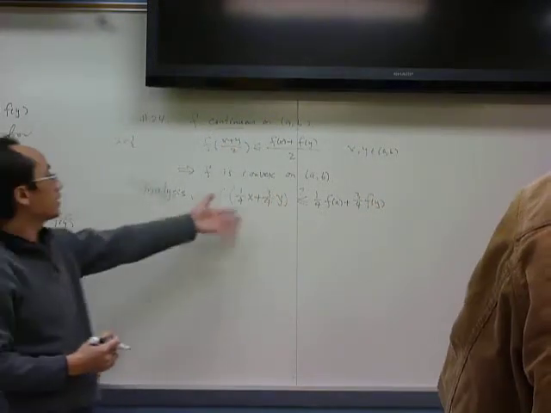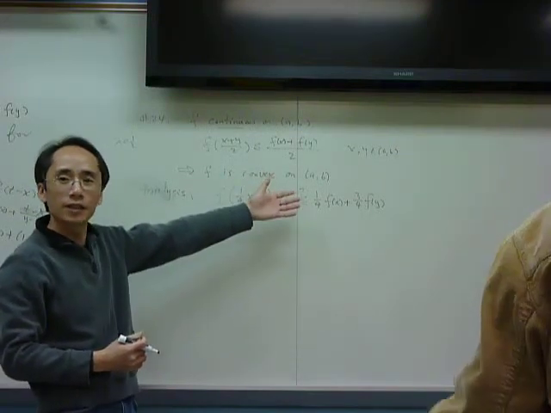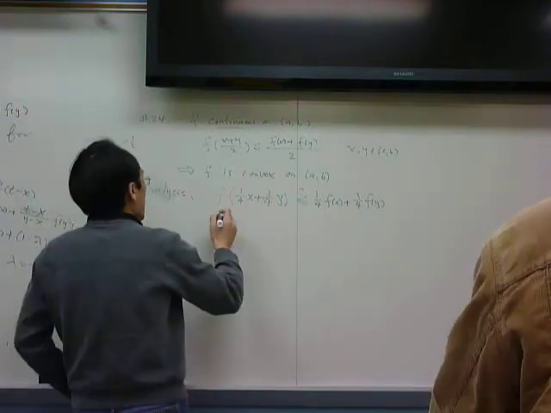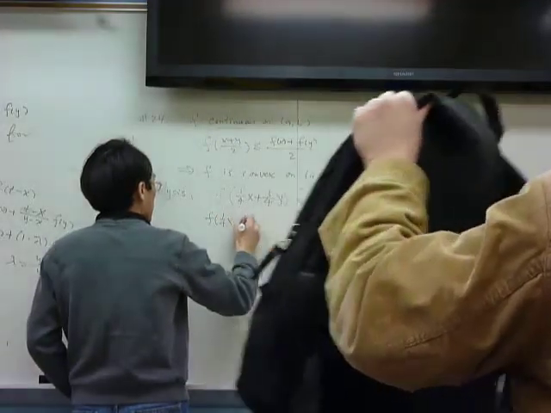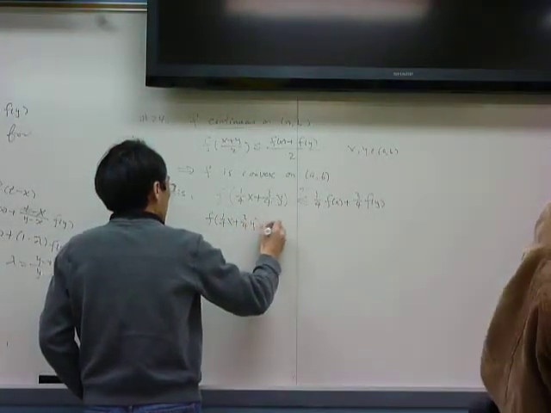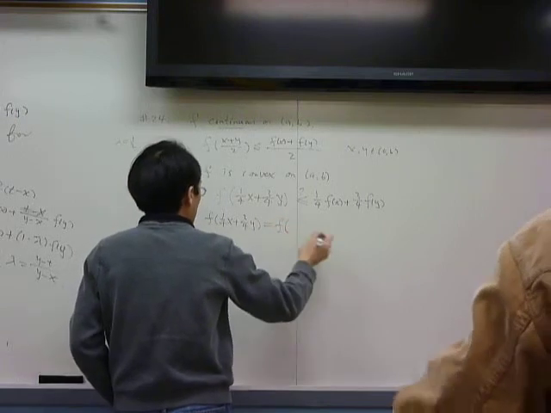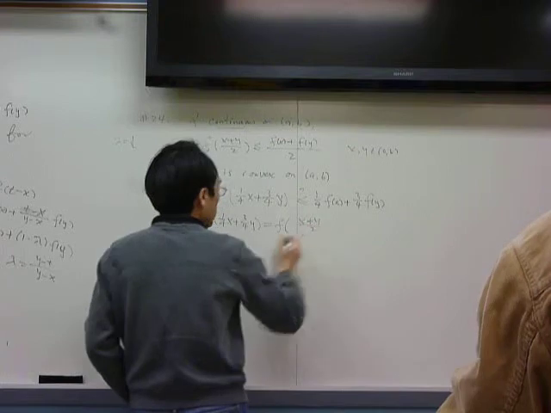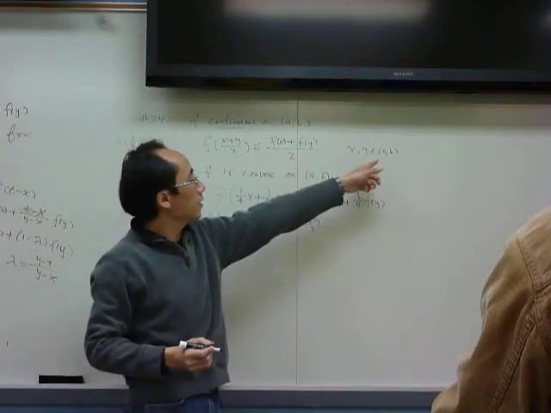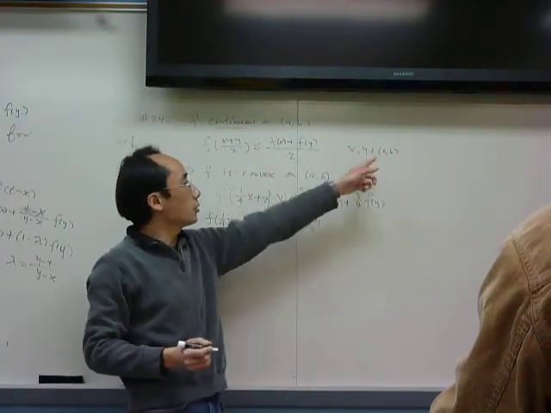right? At least I just go a little bit further, right? See if this is true. So then the left-hand side, I rewrite this as, for example, ((x plus y) over 2 plus y) divided by 2. If x, y are in this open interval (a, b), then the midpoint is also in (a, b), right?